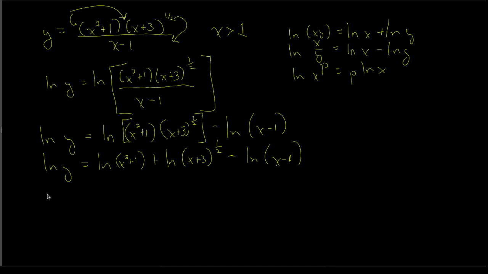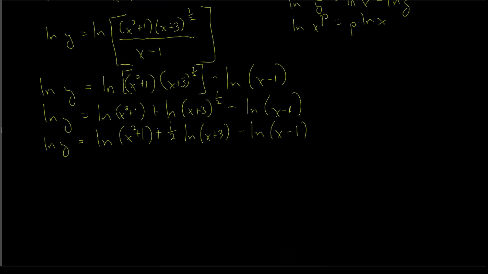And we'll do one more writing, we'll get this half power taken care of here. So plus 1 half ln x plus 3 minus ln x minus 1. So I've taken a whole bunch of multiplications and divisions, and I've turned them into additions.